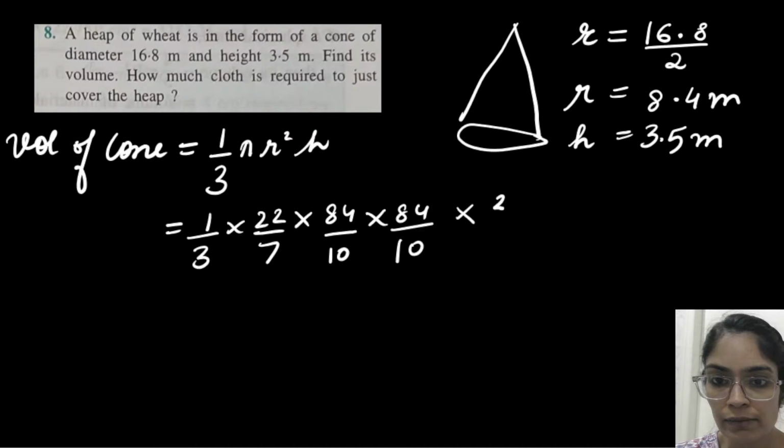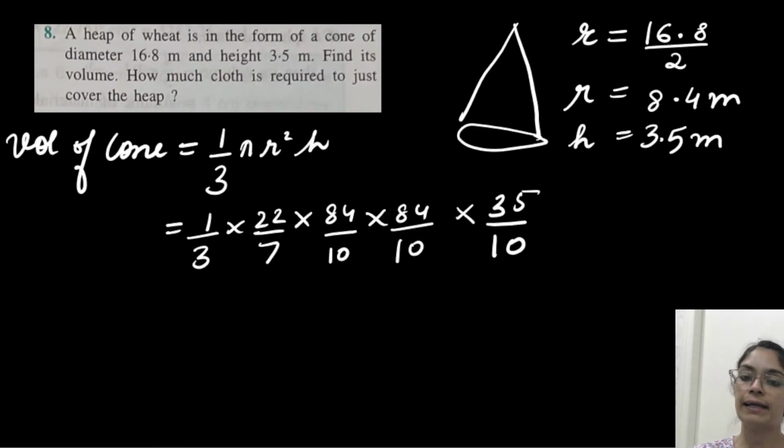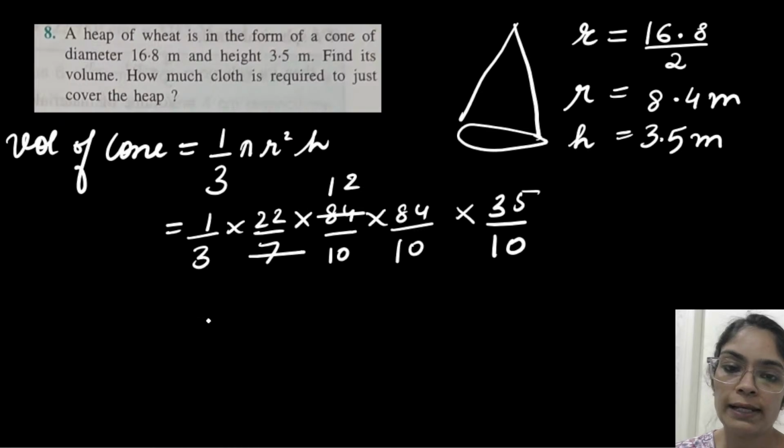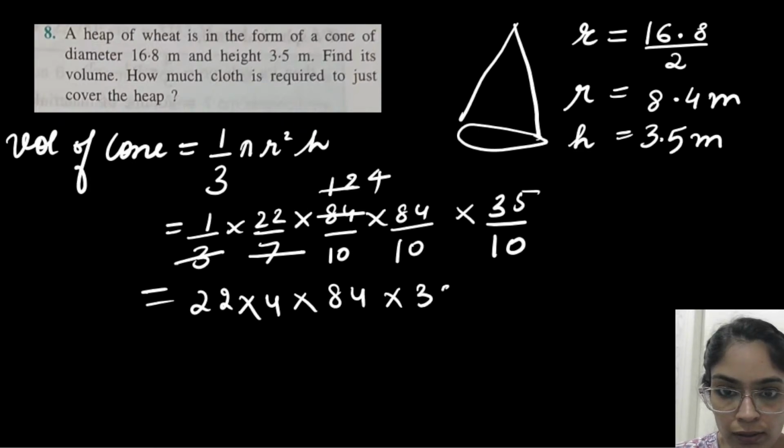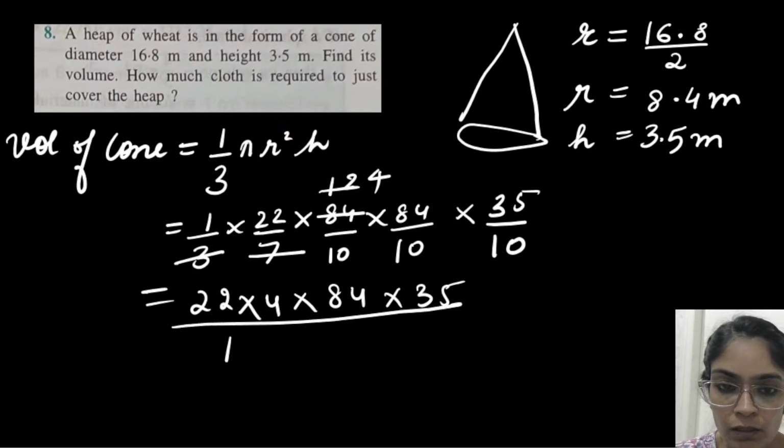Height is 3.5. I am again removing the decimal and writing 35/10. Now we can do cancellation wherever it is possible. So we know 7 into 12 is 84, and 3 into 4 is 12. So now I am left with 22 into 4 into 84 into 35 by 1000.